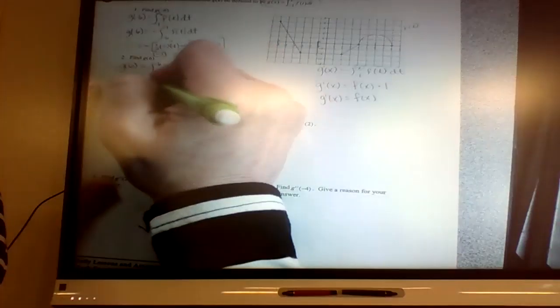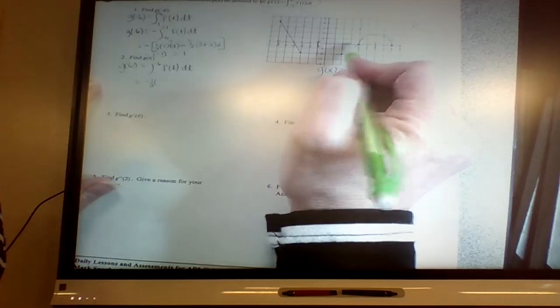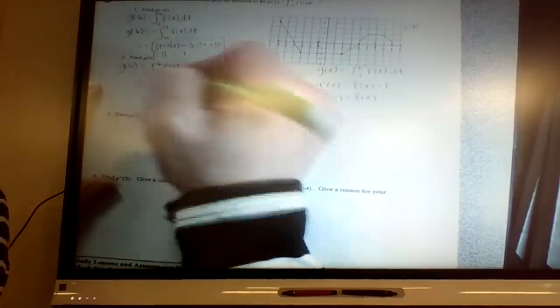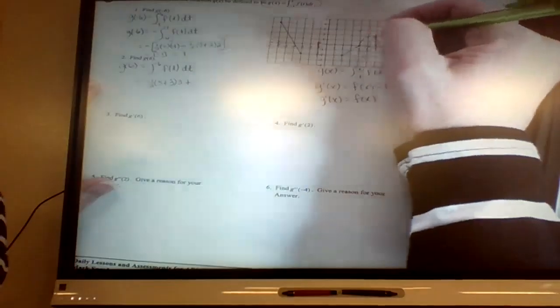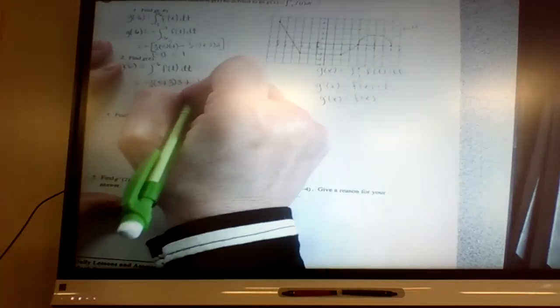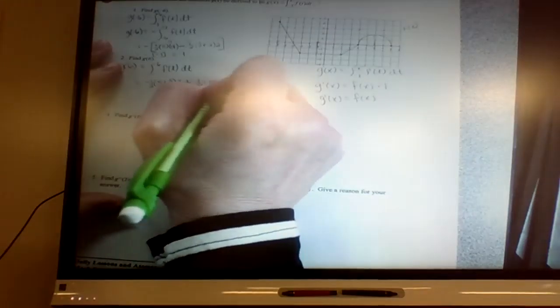So that's going to be like a -1/2 base 1, 1, 2, 3, 4, 5, plus base 2, 1, 2, 3, times the height of 3, plus this quarter of a circle with a radius of 2, so 1/4 times pi times 2 squared.